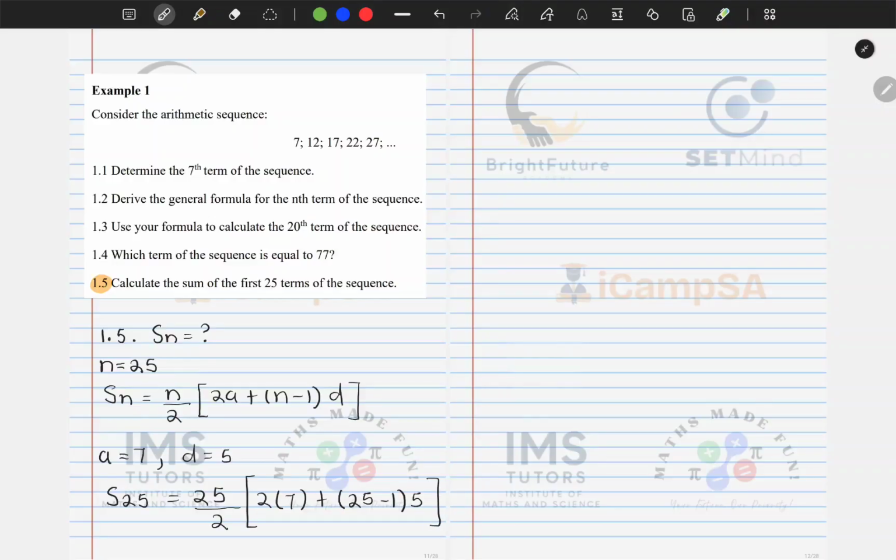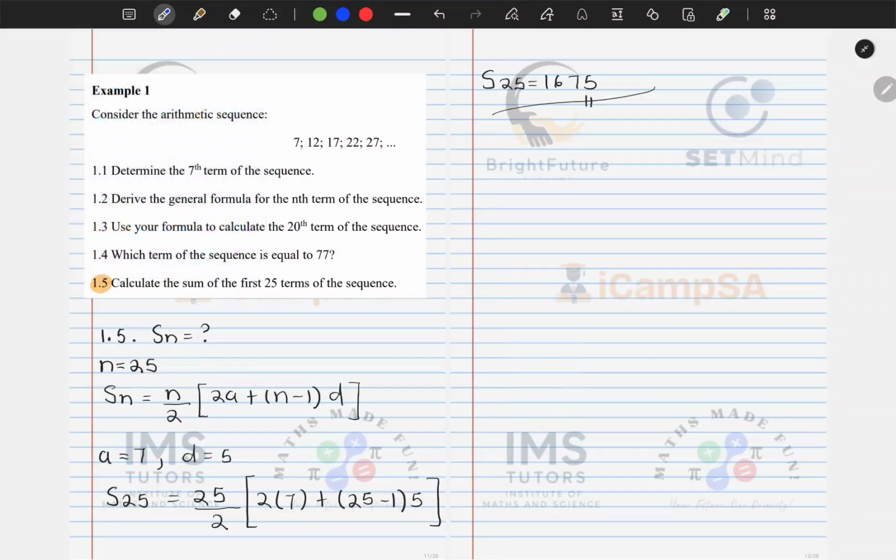We'll need our calculator to get this done. If you use your calculator, you'll see that the sum of 25 terms is 1675. That is what our answer gives us.